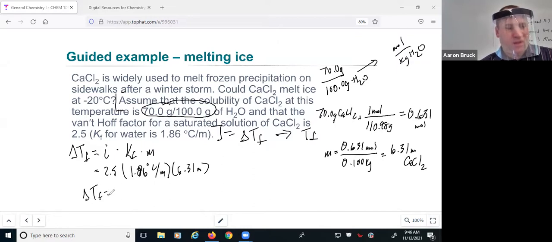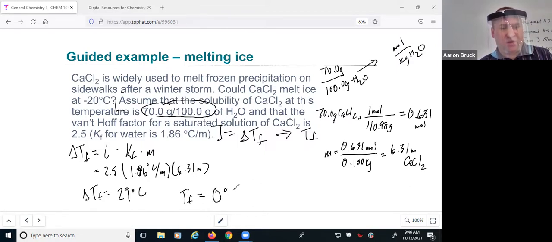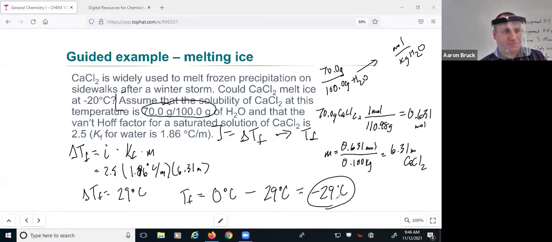My freezing point depression is 2.5 multiplied by 1.86 multiplied by 6.31. Two significant figures is 29 degrees Celsius, which means my freezing point would be 0 degrees Celsius minus 29 degrees Celsius, which would be negative 29 degrees Celsius.